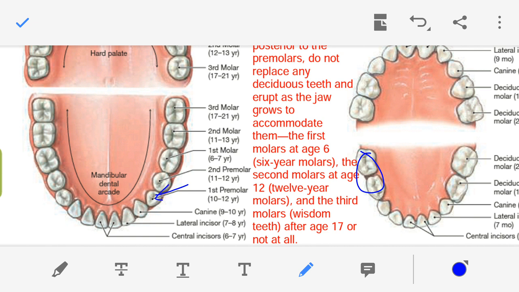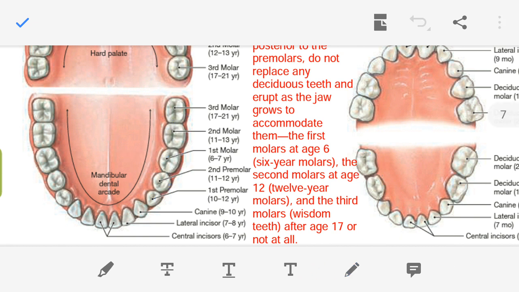And after this premolar, these three are directly developing during adulthood. So in short, these molars are not replacing any deciduous teeth, and they are present posterior to the premolars.